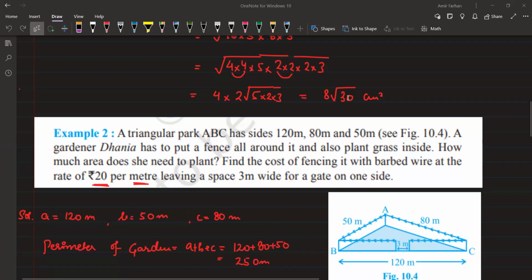Dhania. Only Afreen has given the answer so far. Anybody else?